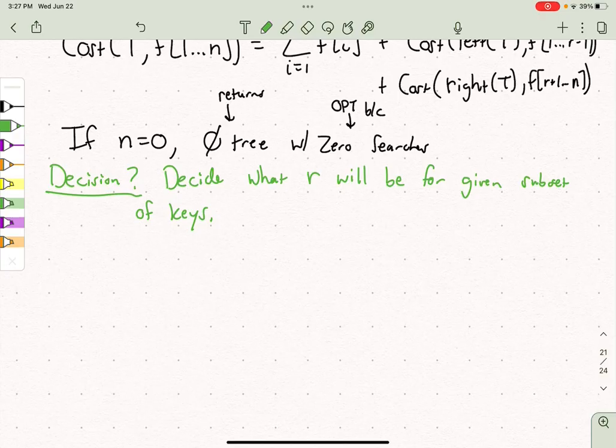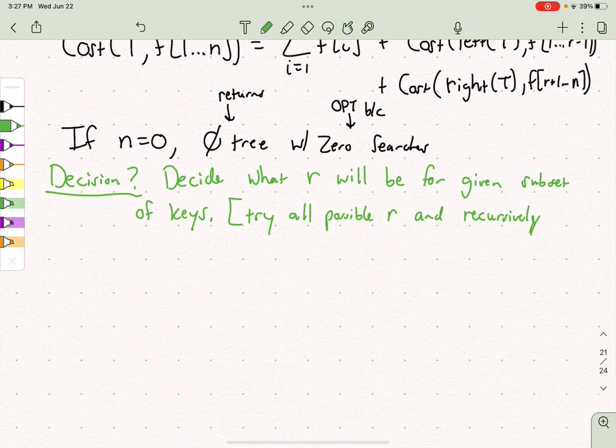And then after we decide on R, we'll try all possible R, and have the recursion give us the cost of the corresponding best left and right side.